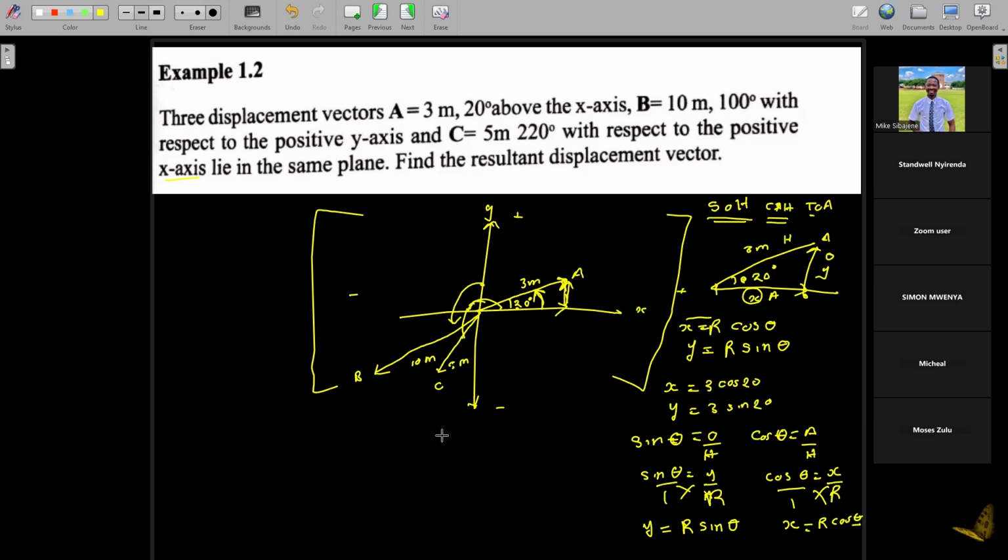Let's assume that we draw our triangle like that. We say the resultant vector is in that position, for example, C. Let's say we want to find the y component and the x component. Theta in this case is here. So it depends on where your theta is. If you've been given that theta is there, the x component changes.